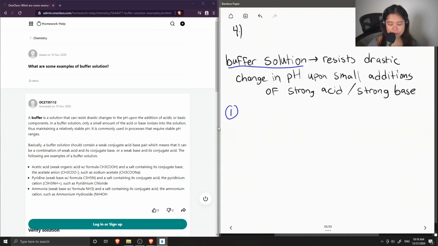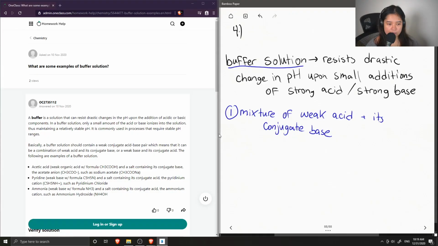One example is a mixture of a weak acid plus its conjugate base, or we could have a mixture of a weak base and its conjugate acid.